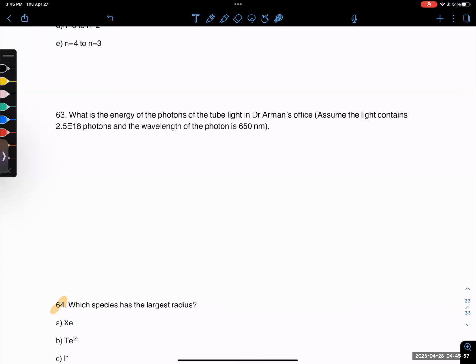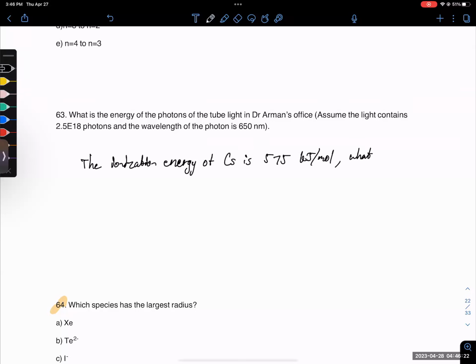I think this is what you're talking about, where it's like the ionization energy. The ionization energy of cesium is 575 kilojoules per mole. What is the wavelength?